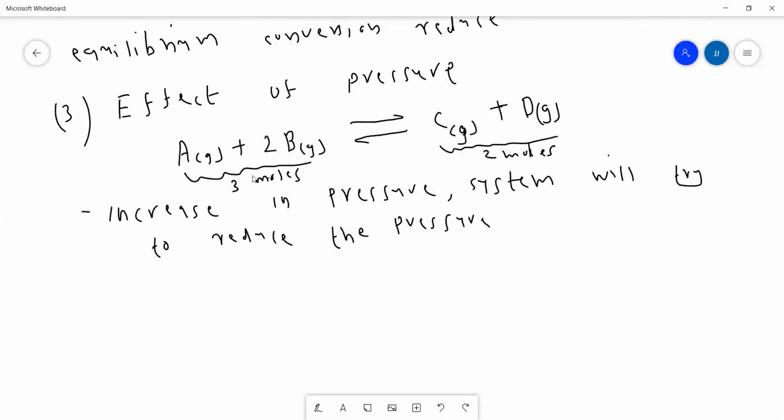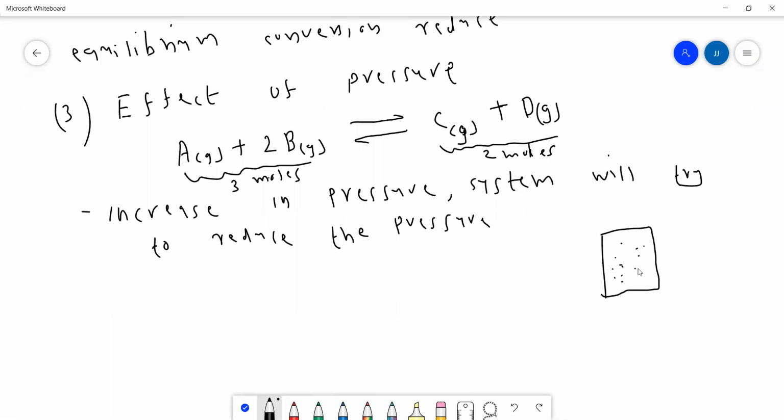Pressure will only increase if we have a backward reaction. Why? Because on the reactant side we have three molecules. Suppose this is the reactor, and these are the molecules. These molecules collide with the wall to give the pressure.